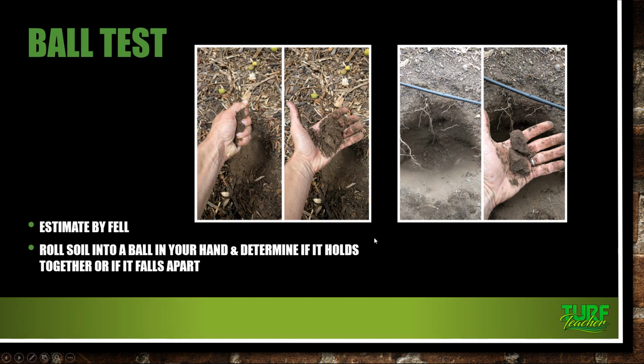All right, the ball test, or the ribbon test, is kind of what it is. Roll the soil into a ball in your hand or a ribbon, and determine if it holds together or if it falls apart. You can estimate by the feel how much sand and silt is actually in it.